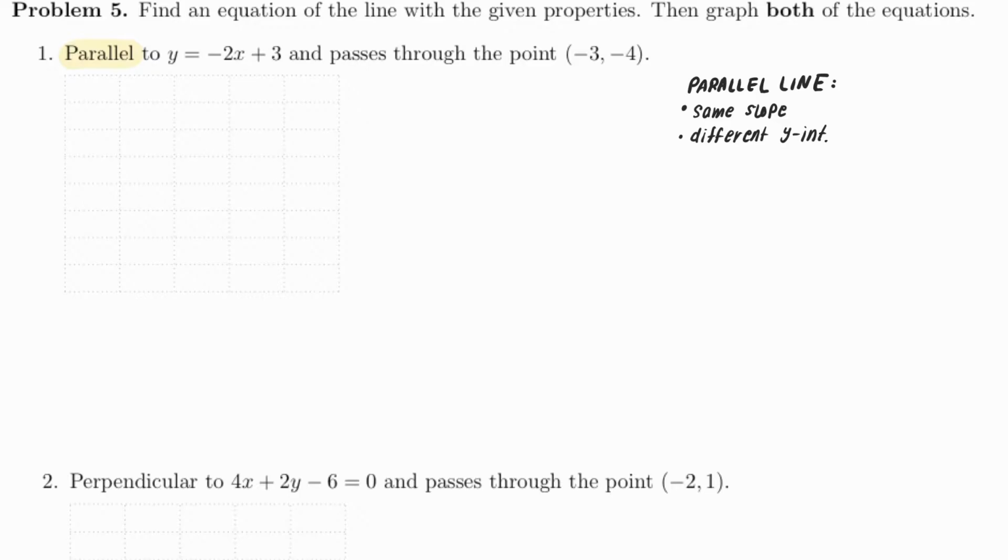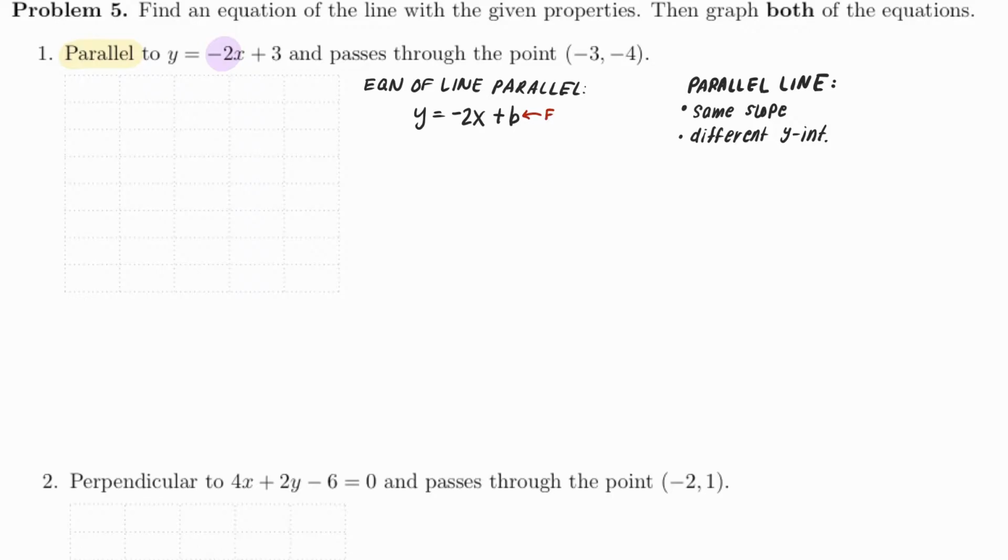So what I'm going to do here is I'm just going to grab the slope that I'm given, so negative 2. And then the equation of a line parallel will be y equals negative 2x plus b, because I don't know what the y-intercept will be yet.